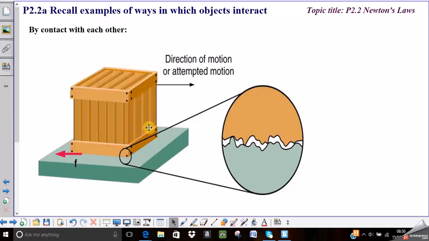Now, we don't know if the crate is moving or not. If we look at the size of the arrows, the arrow that's pushing the crate to the right is much bigger than the arrow that's trying to stop the crate, the force of friction. That means probably this crate will move to the right.